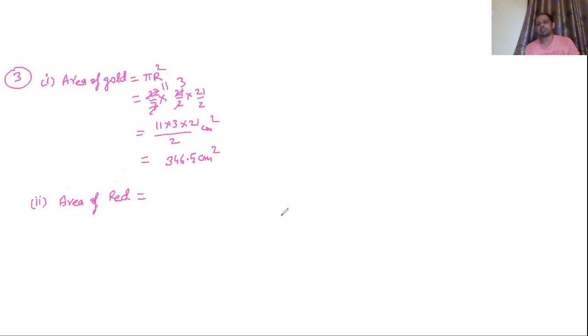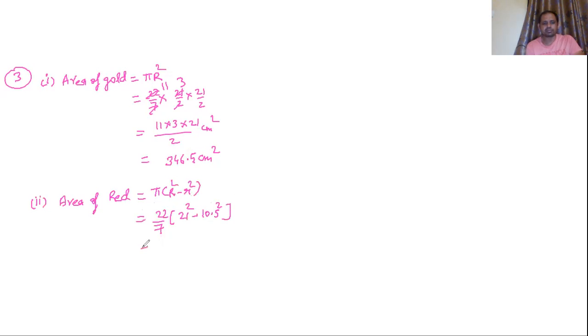And after that, the thickness will be 10.5. That means the radius of the outer circle will be 21, and the radius of the inner circle will be 10.5. Therefore, we can apply the formula pi into capital R square minus small r square. In this case, the value will be 22 by 7 in the bracket, capital R square is 21 square and the small r square is 10.5 whole square.